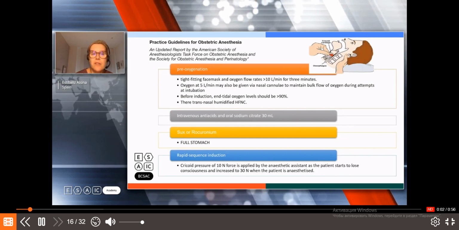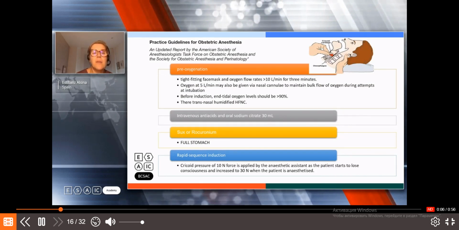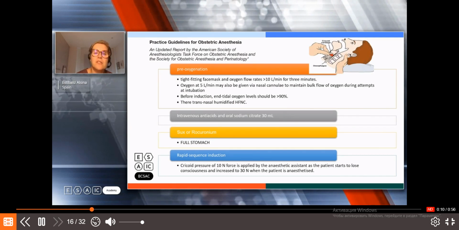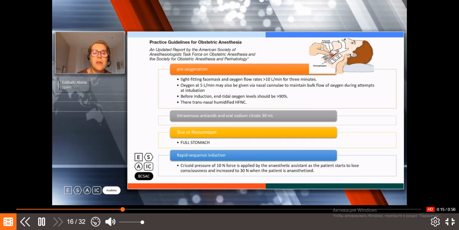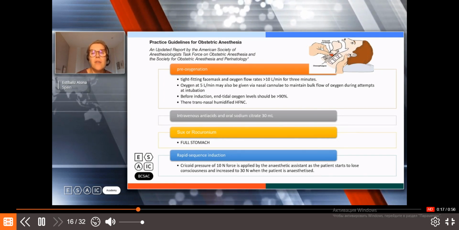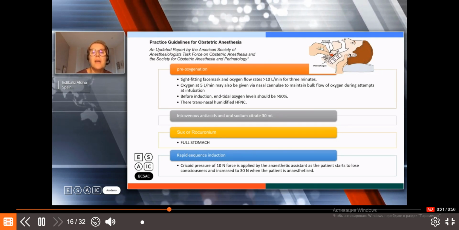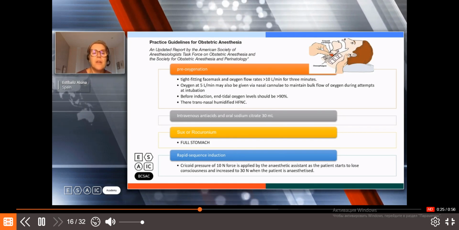We have to pre-oxygenate, and right now we can do it with a very tight fitting face mask with oxygen flow over 10 liters per minute, or a high flow nasal cannula to maintain a CPAP on the airway.